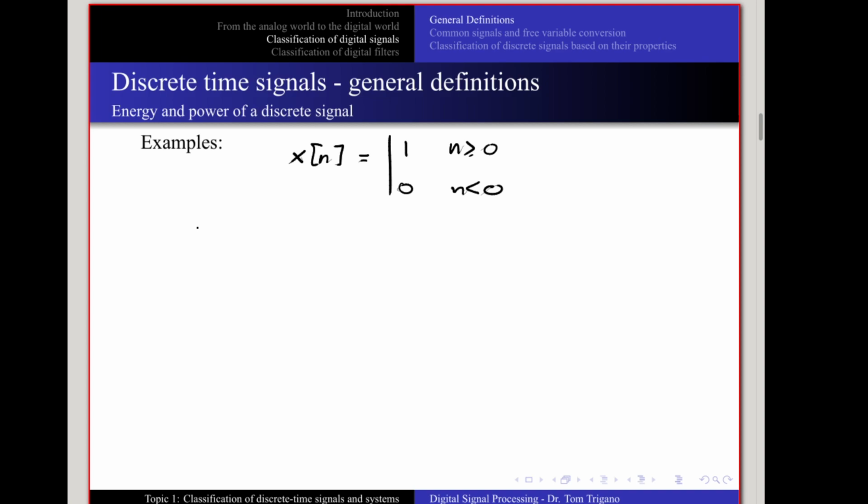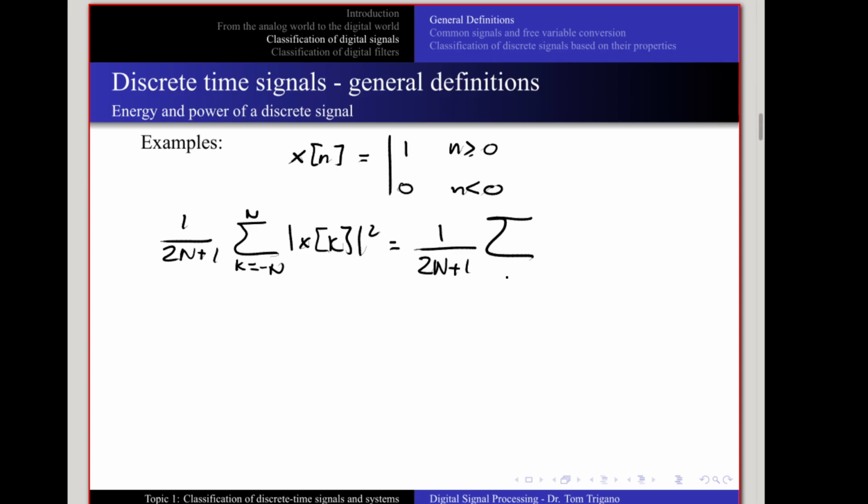It has finite power, because if you look at the definition and you want to investigate whether this term converges to a finite value or not, this sum is equal to the sum from 0 to N of x[k], divided by 2N+1.